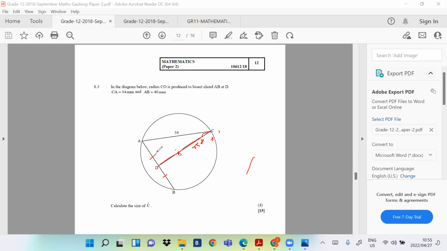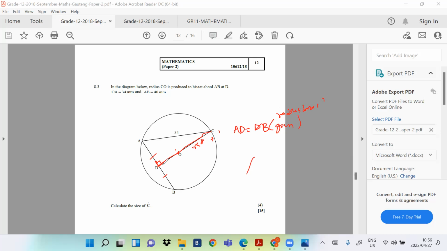Bisect meaning it's dividing them into two equal parts, right? So AD is equal to DB. This is given information because they said the radius bisects. And if the radius bisects, then how much is this angle? 90.